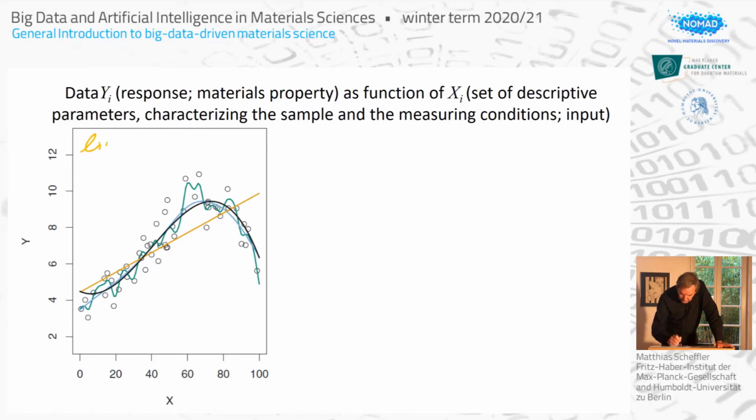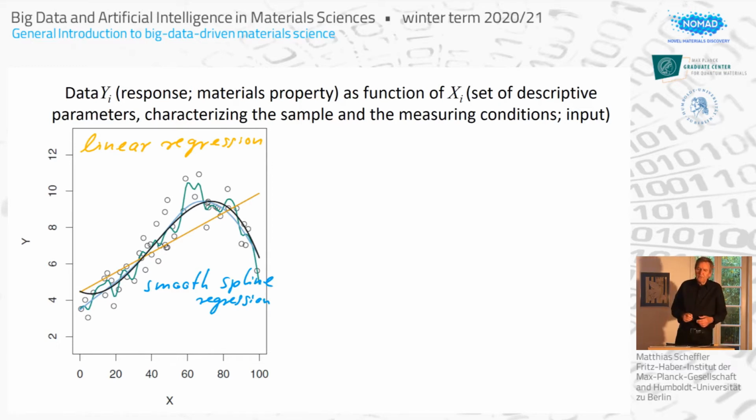So the orange again, what we just have discussed, is the linear regression, and what I've added in this transparency in blue is a smooth spline regression, and in green what I would call a more flexible spline regression.